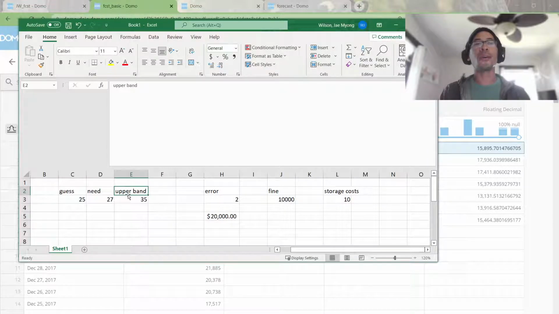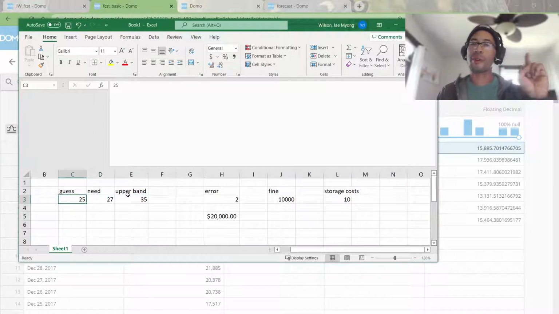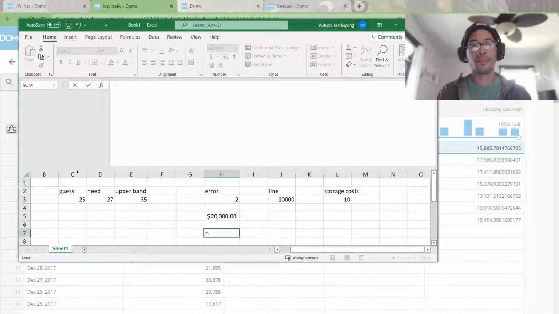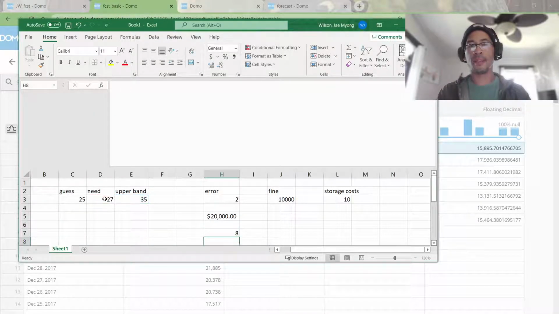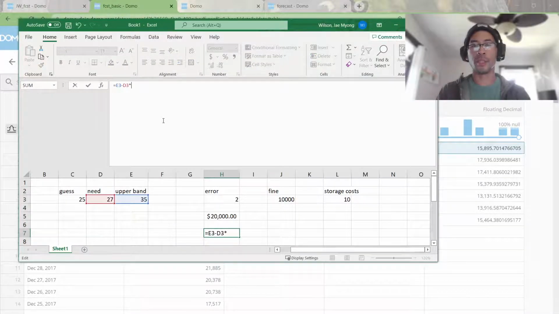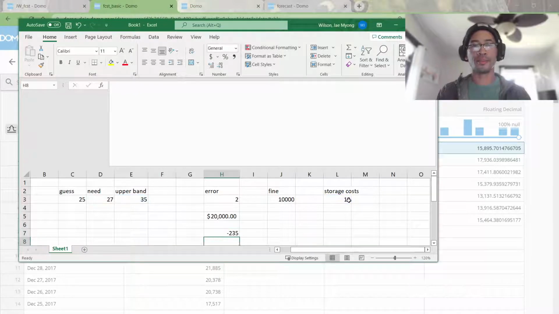Let's say I was like, okay, guys, let's err on the side of caution. Let's stock 35 units instead of our forecast of 25. So then what is my cost equation? Well, I guessed 35. I consumed 27. So that means I had 8 units left over, which I had to put into storage, which costs me $10.